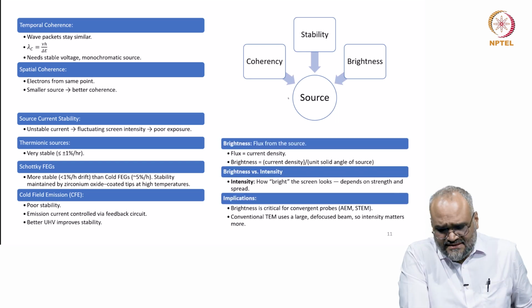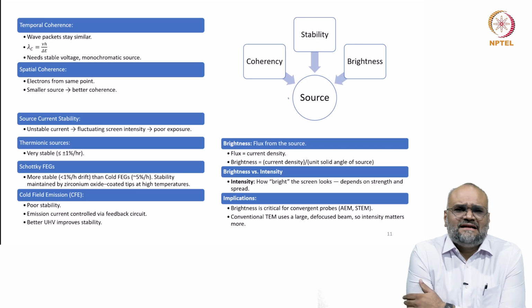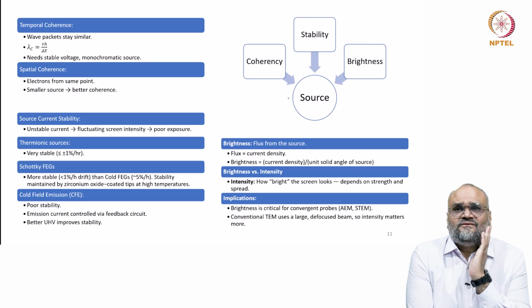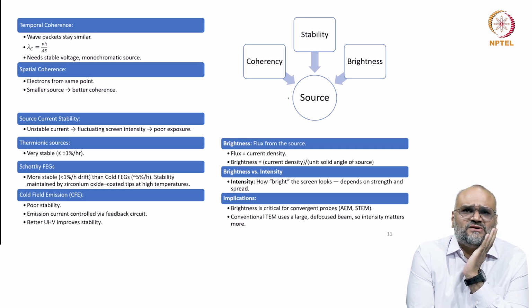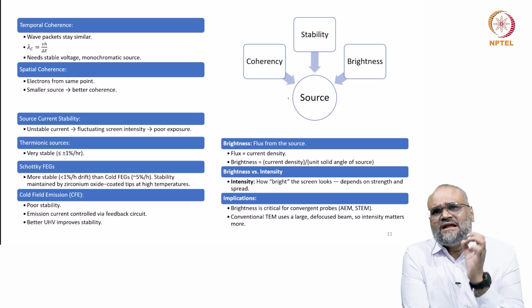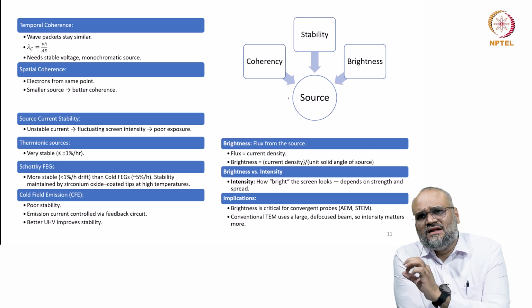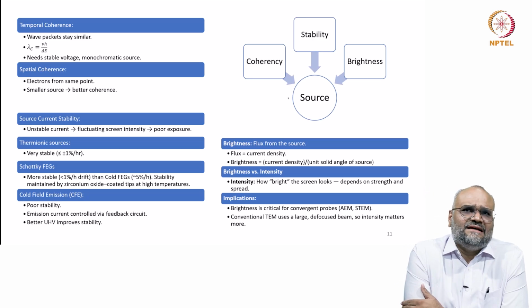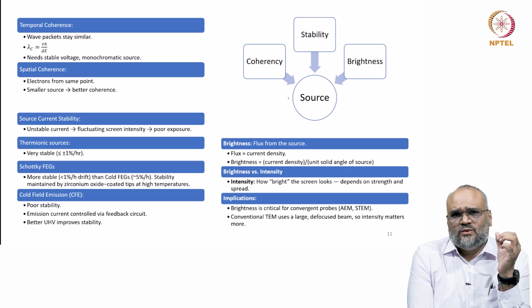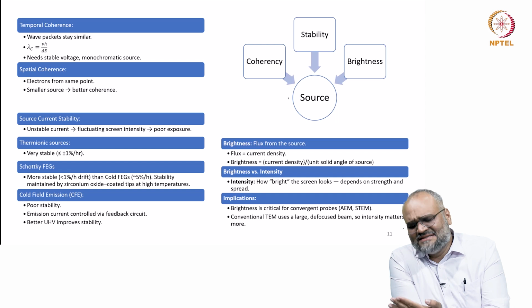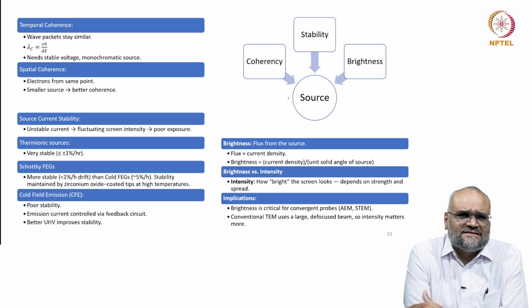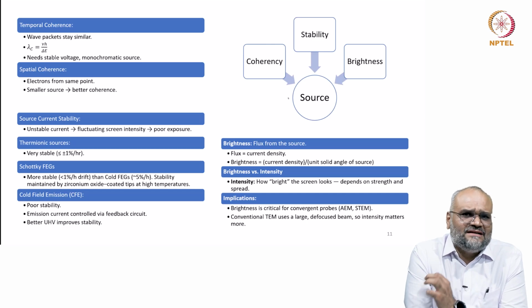Next, we have the brightness. When I say brightness, it is not how bright some feature looks. Brightness is actually the flux of electrons that are emitted from the source, and it is measured over a solid angle. Brightness has a unit of current per area per solid angle, whereas intensity is what you record on the screen once these electrons are emitted from the source and incident on the specimen and on the screen, how bright or how dark it appears, and there is a small difference between brightness and intensity.